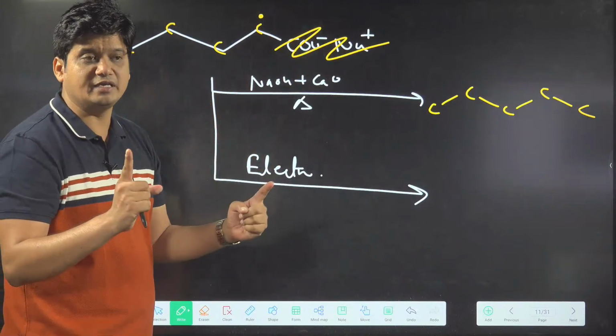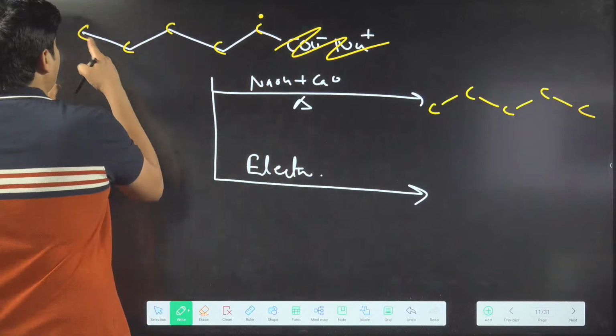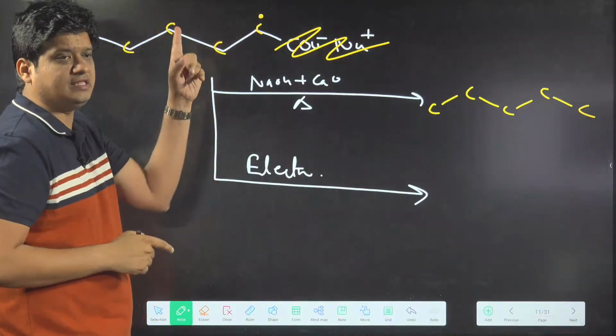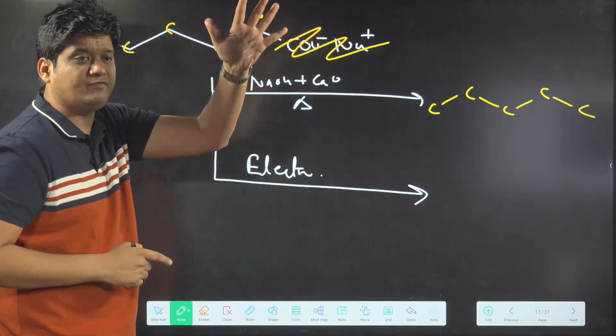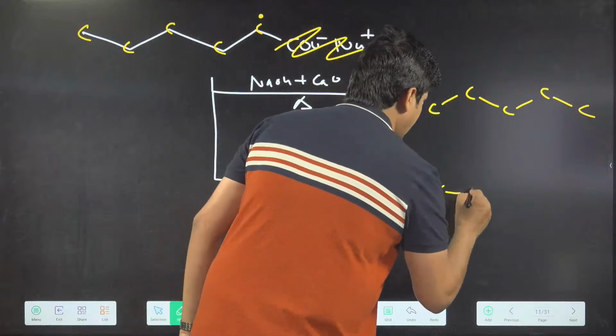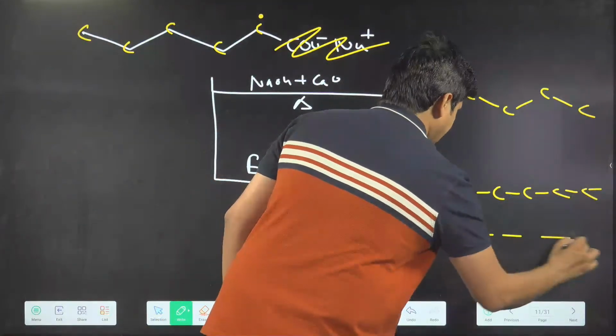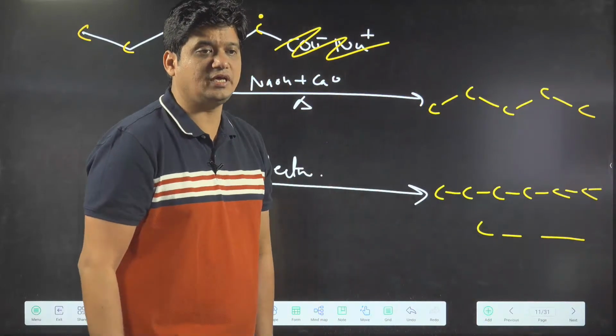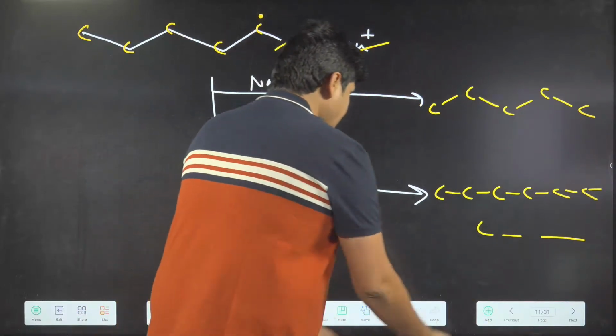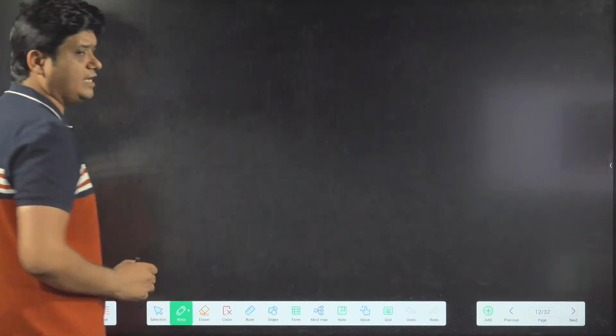So there are 5 carbons in this radical and one more radical with 5 carbons. So the total carbon count will be 10. Is this clear or not? So this is the way to solve decarboxylation and Kolbe's electrolysis.